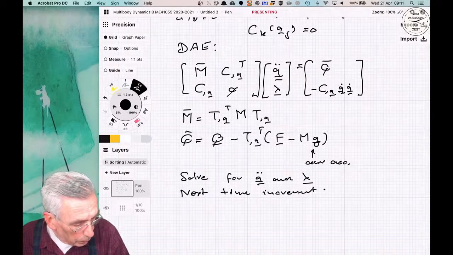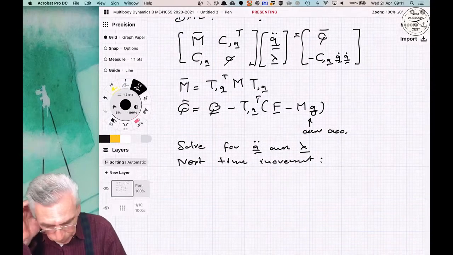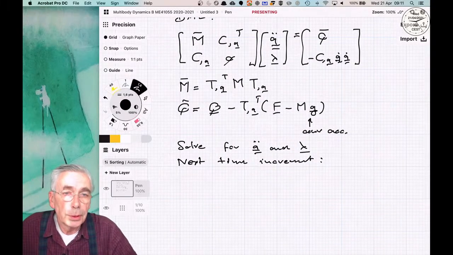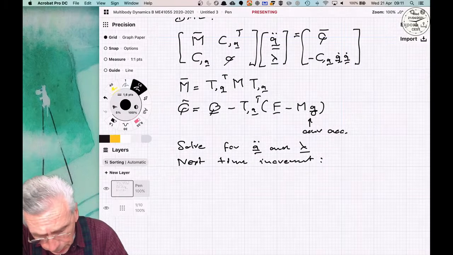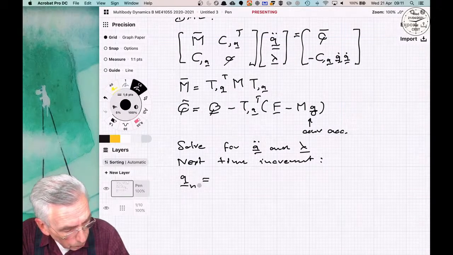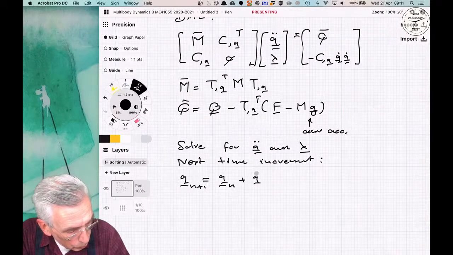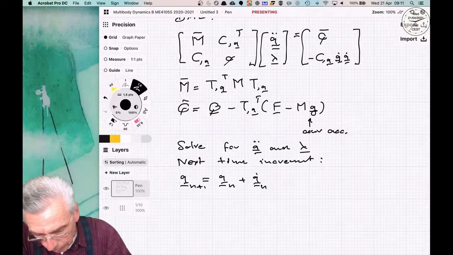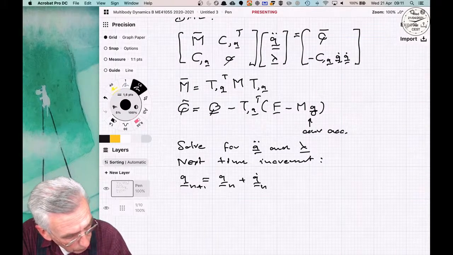And how do we usually write that? Because we do numerical integration, because we are interested in the motion. So we say, well, my Q n plus 1 is my Q n plus my Q dot n times delta t.